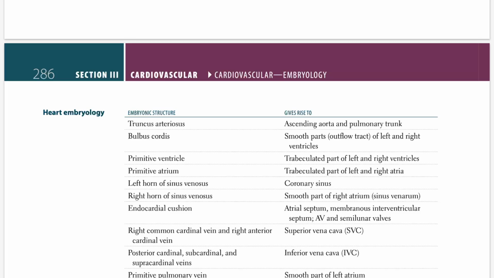So this is going to be our truncus arteriosus. Truncus arteriosus gives rise to two things: ascending aorta and pulmonary trunk.